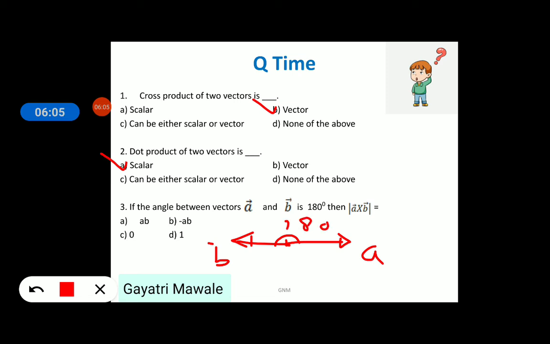In this case, mod of vector A cross vector B is, options are AB, minus AB, 0 or 1. So we know that mod of A cross B is equal to AB sin theta and sin 180 is 0. So option C is correct here.